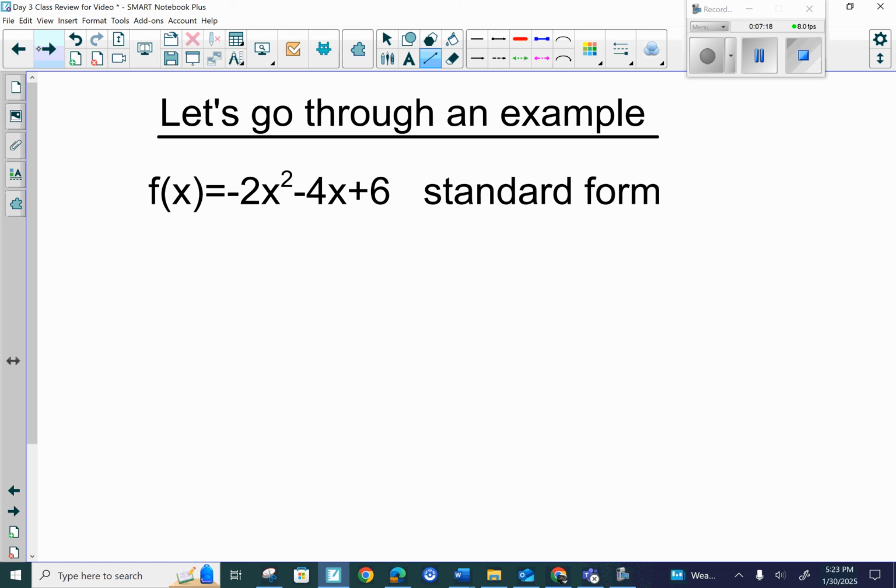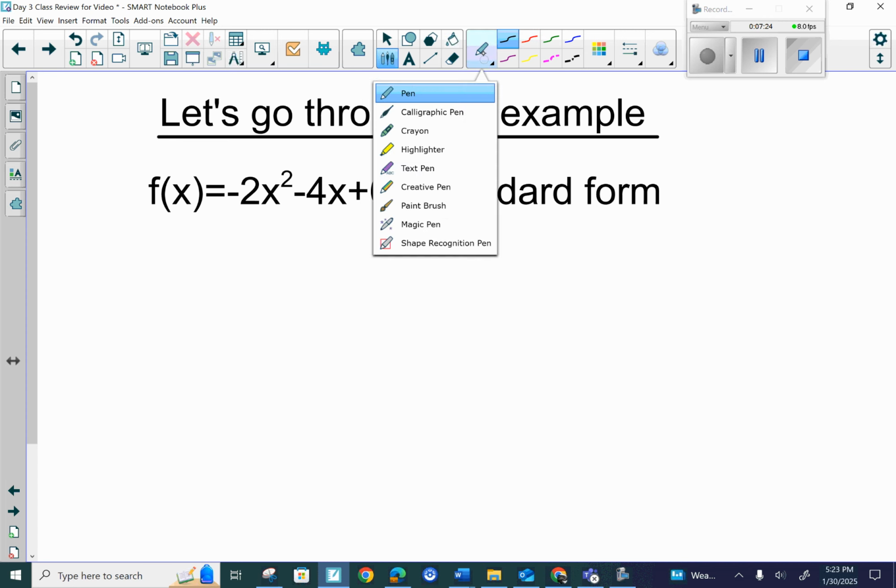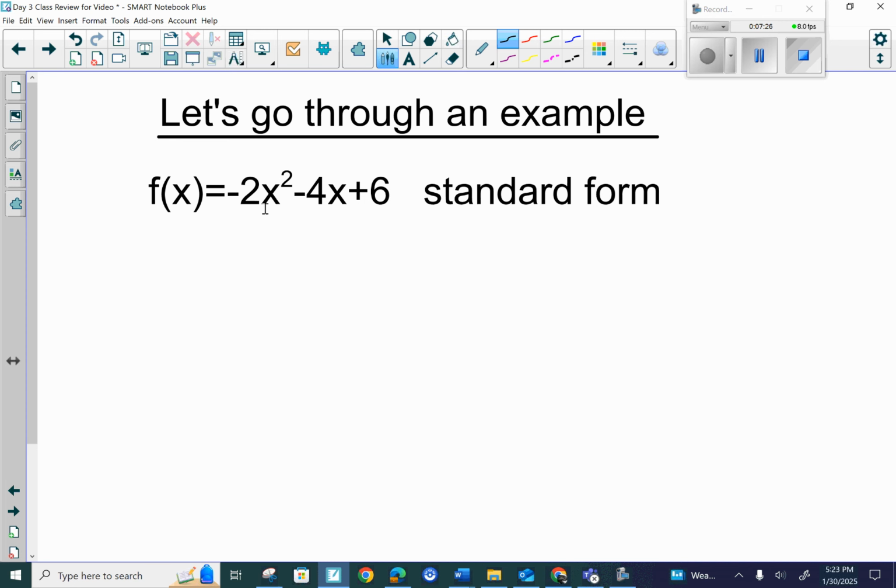Okay, so let's talk about an example to make this real and show you kind of things you'll be doing with parabolas. Here is an example of a quadratic function, and it is in standard form. There are a few things we know we can see directly from standard form. I don't want the pink line here.